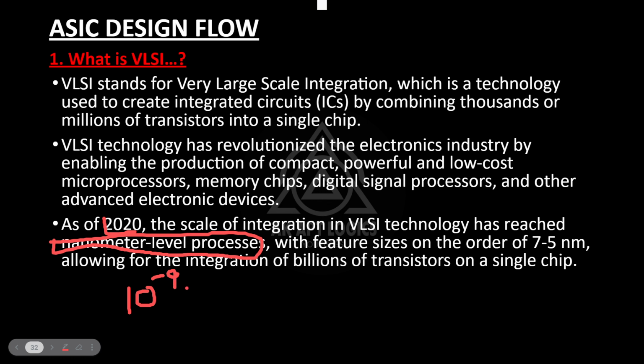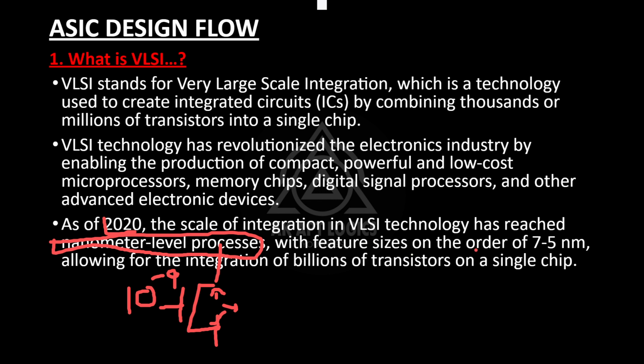If you take the N-channel MOSFET, the distance between the source and drain is in terms of nanometers. That's the meaning. The process level has become nanometers. Technology, in the sense, is the distance between the drain and source.